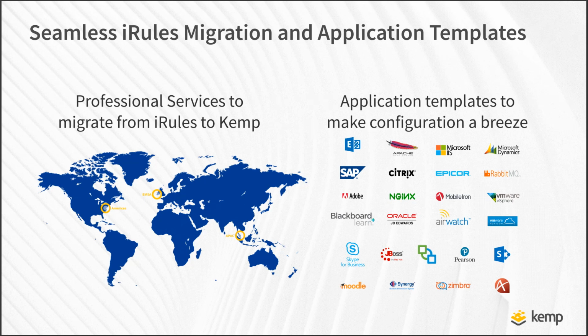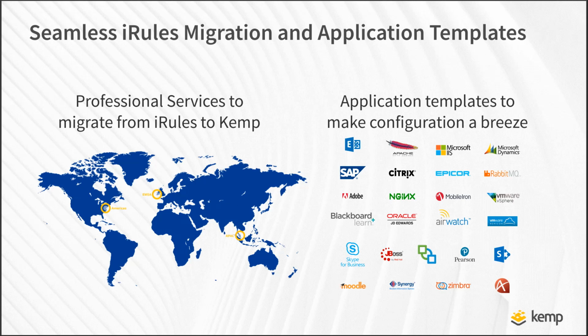And application templates. These are a key supported component for the Kemp solution, where all the major applications that you might be using, whether it's Exchange or Citrix Storefront or Oracle or Illuminate Student Information Systems, whatever the case may be, we have application templates available that are fully supported that take the expertise of understanding the application for the load balancing configuration and put it into this template.